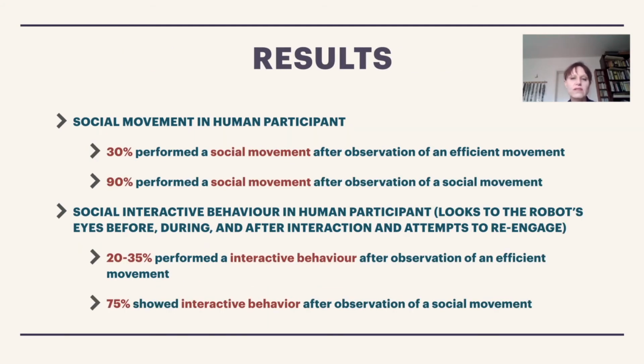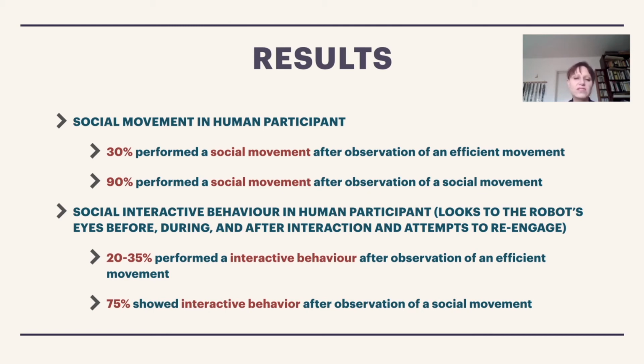Now, for the results of the behavioral study first, when it comes to social movement in the human participant, in condition A, after having observed EPI perform an efficient movement, 30% of the participants performed a social movement.